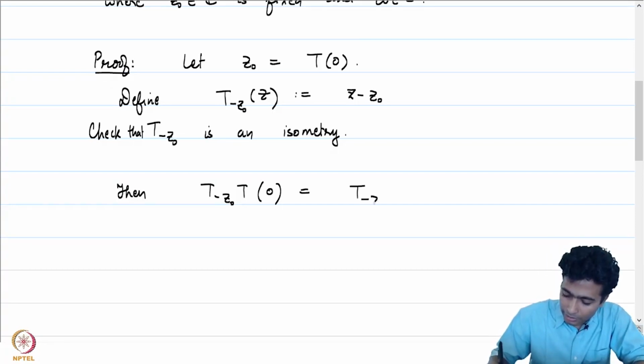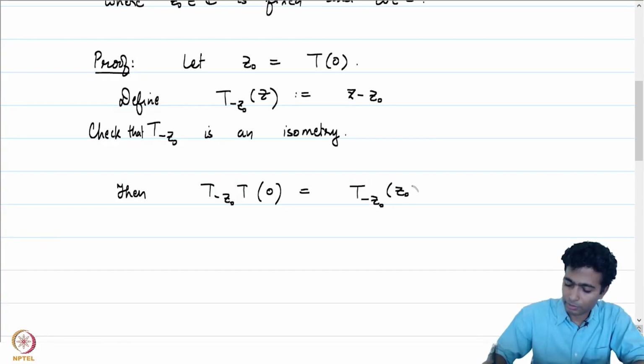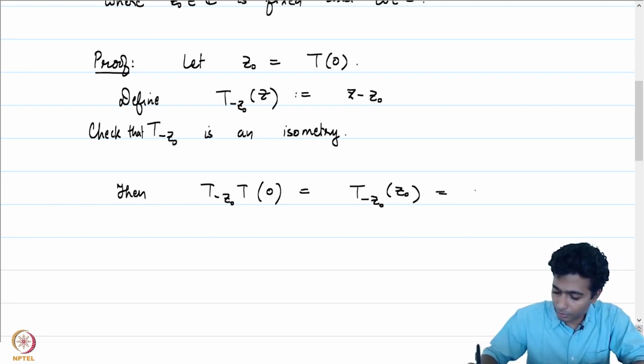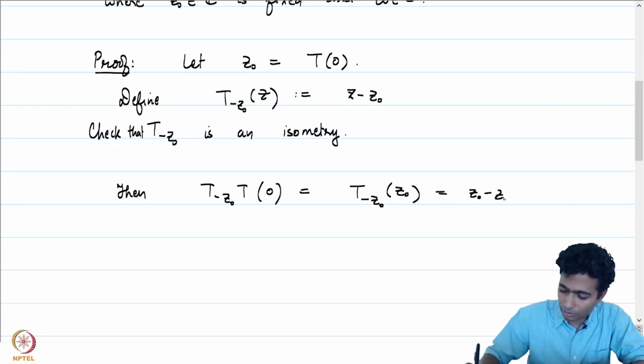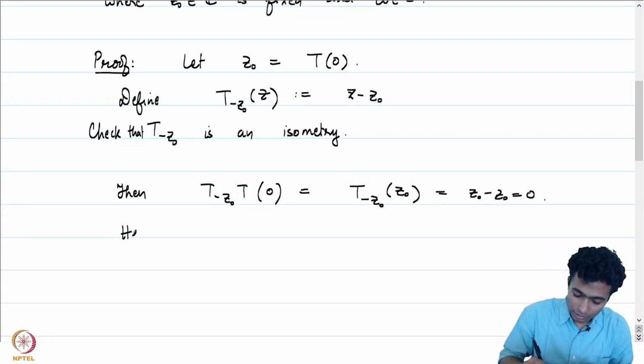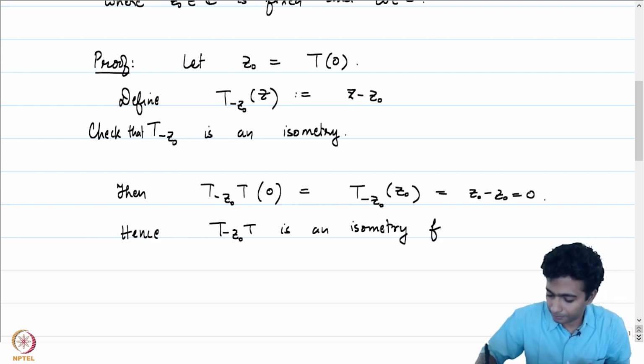This is going to be T minus z0 evaluated at T of 0, which is z0 by the very definition here, and that's going to be equal to z0 minus z0, which is equal to 0. Hence, T minus z0 composed with T is an isometry which fixes the origin.